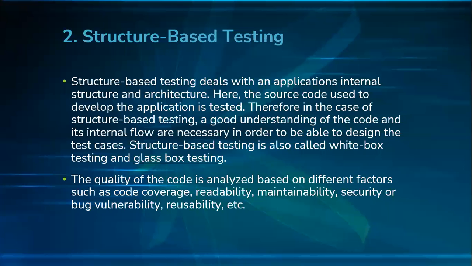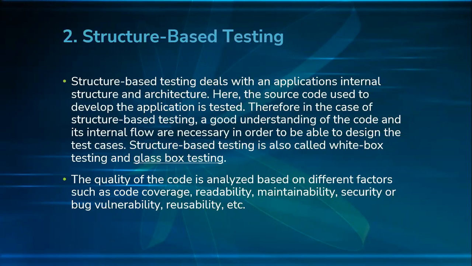So now that leads us to structure-based testing. What is structure-based testing? It deals with an application's internal structure and architecture. Here, the source code used to develop the application is tested. This is where we are talking about code.